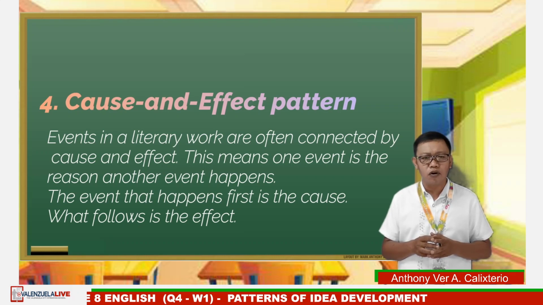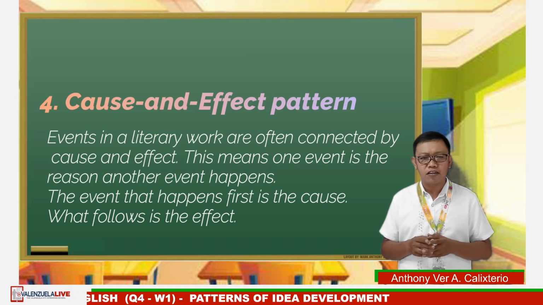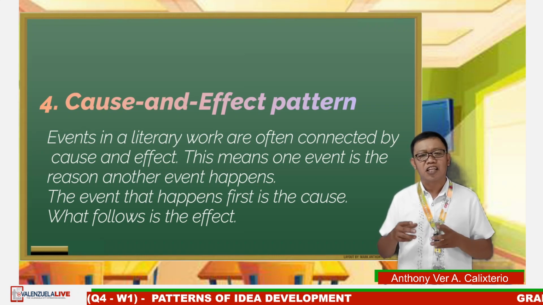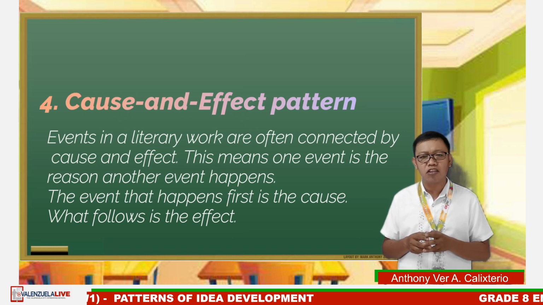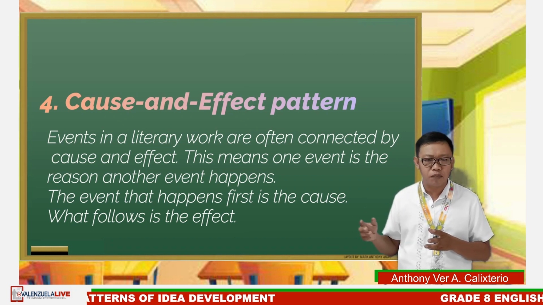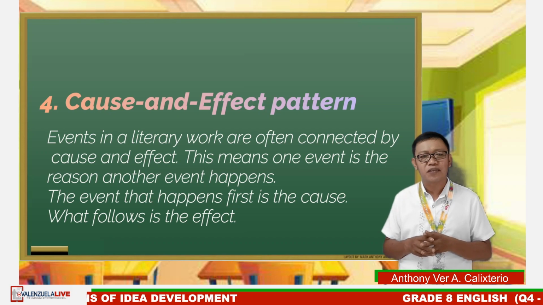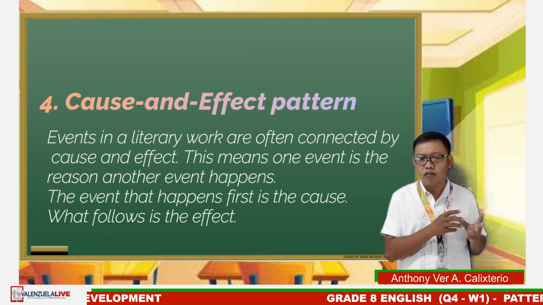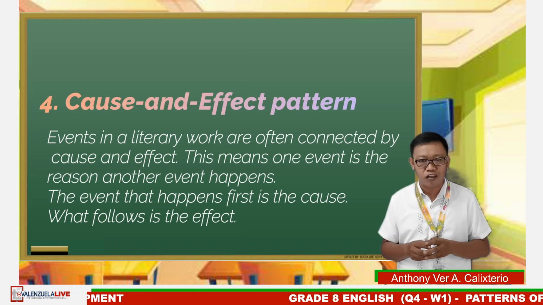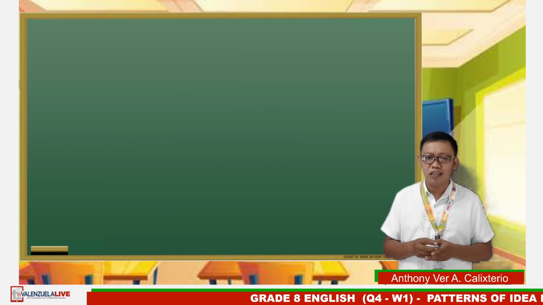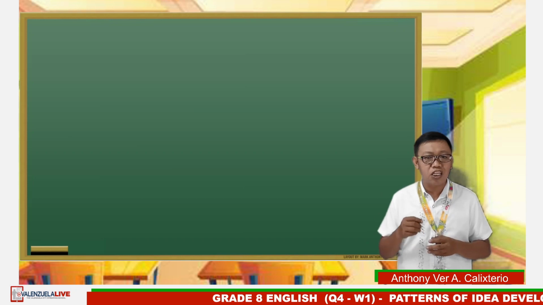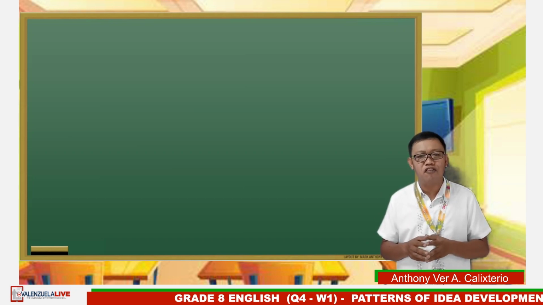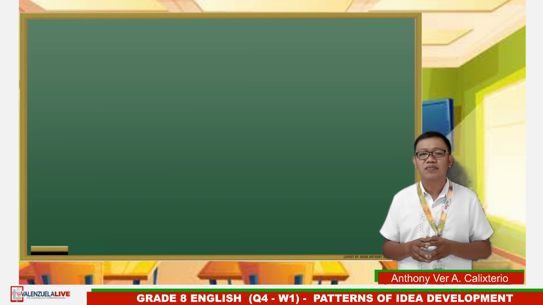Events in literary works are often connected by cause and effect. This means one event is the reason another event happens. The event that happens first is the cause, while what follows is the effect. It can be an event, it can also be the change in the way the character behaves or thinks.